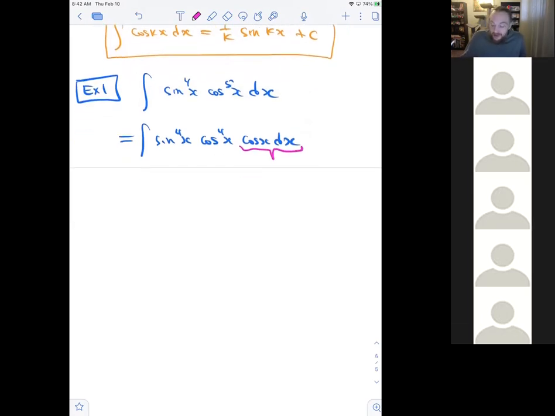So in this one now, what am I going to do? I suspect I'm going to let w equal sine x, so that dw is cos x dx, which is exactly what I have. Then I need to get rid of all the other coses. These ones have to go away.